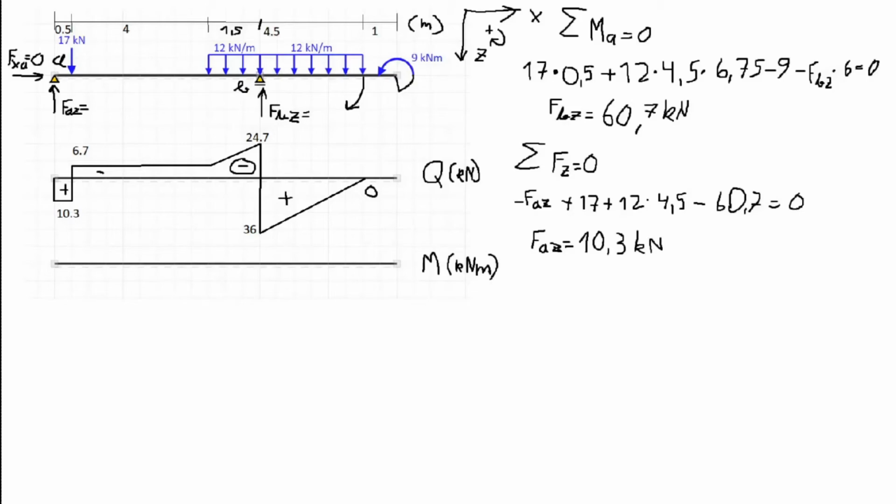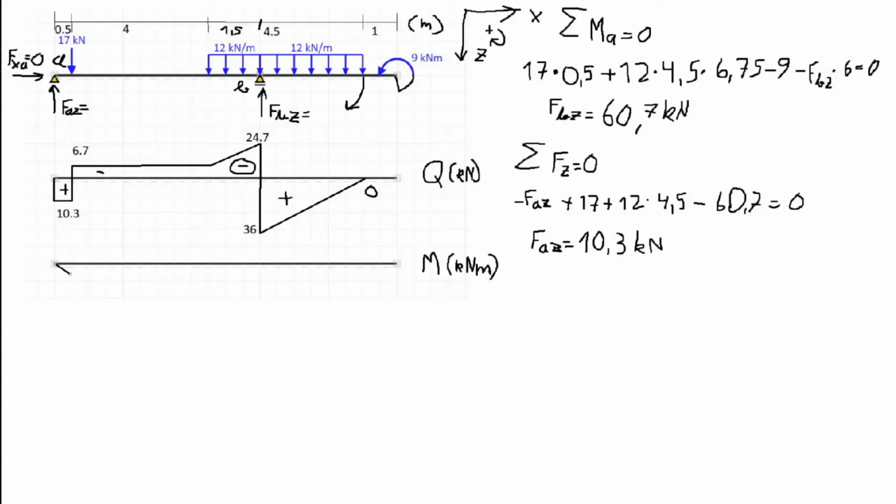And we will calculate the first area, which is this positive area, which has the height of 10.3 kilonewtons and the base of 0.5 meters. So 10.3 times 0.5 is equal to 5.15 kilonewton meters.